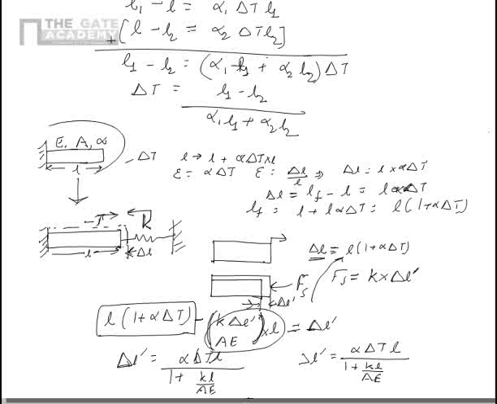Then again the change in the denominator, which is KL upon AE, will be very small. So the change from 1 to 1 plus KL upon AE will be a very small number, which means that if the bar is extremely stiff or has very high Young's modulus, then the spring force will not be able to stop that free expansion too much. On the other hand, if the value of Young's modulus is very small, the spring will be able to stop it very easily.